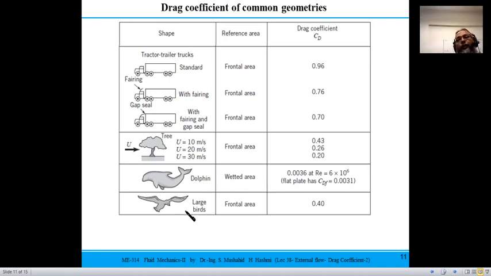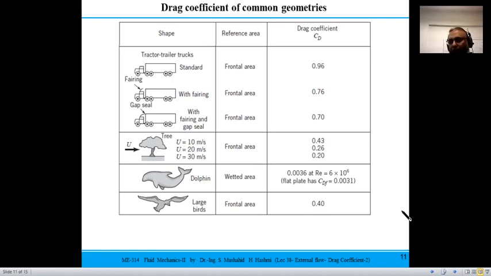And objects like birds which are flying in air actually reduce the drag by reducing their frontal area. And we will see in the later part how in nature they are actually helping themselves in reducing the drag coefficient, so that less energy is used in flying.